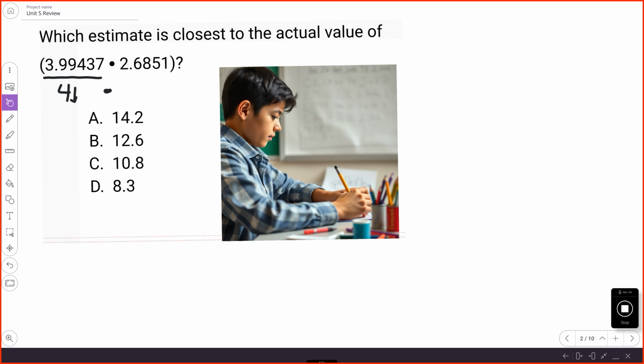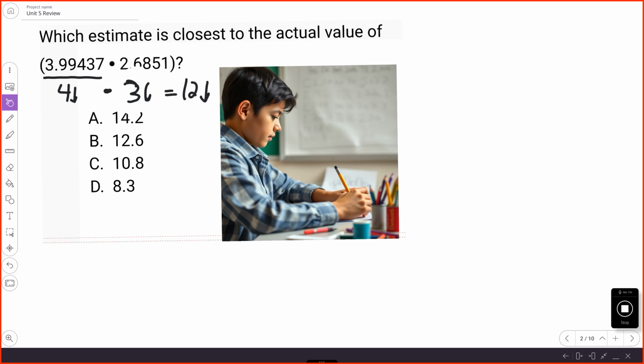It's less than 3. So something less than 4 times something less than 3, then the answer is going to be what? Something less than 12.